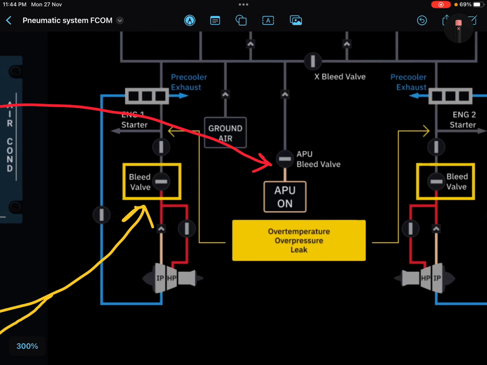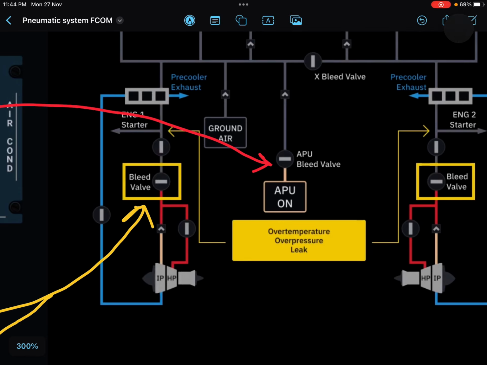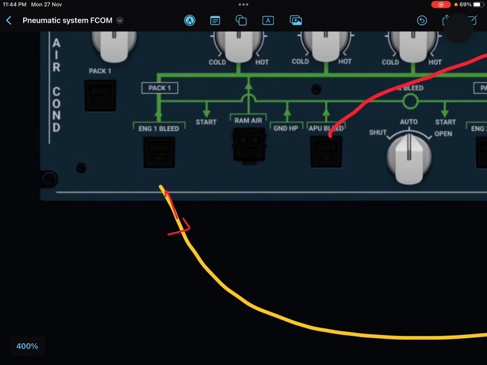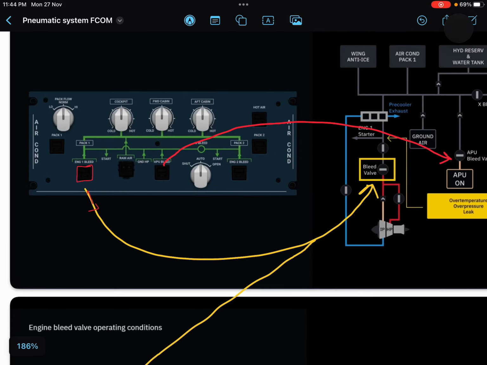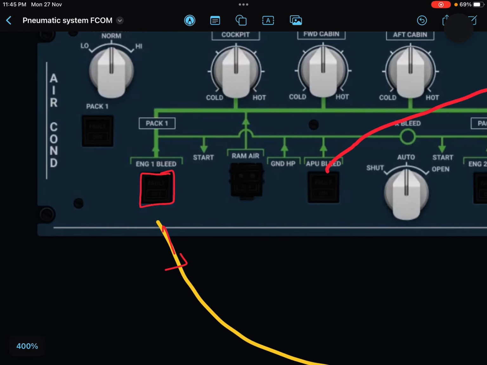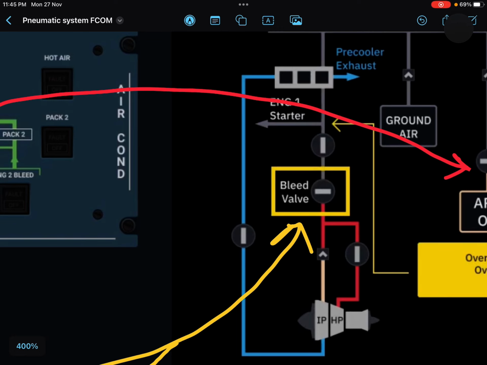If you have done your type rating or studied this chapter, you must have some idea that the engine 1 bleed push button on the air conditioning panel overhead has direct access to this bleed valve. If you press this push button to off, this bleed valve will be closed, right?